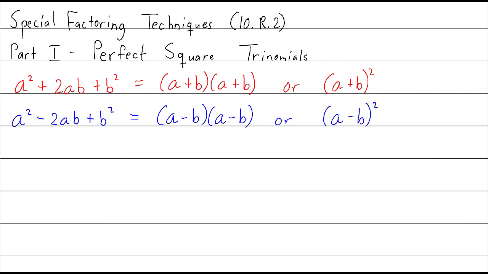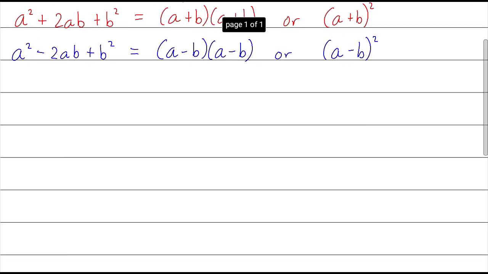Okay, so let's put this in the context of an actual problem so we can see what I'm talking about here. Our first example will be to factor x squared plus 10x plus 25. That looks like a normal quadratic that can be factored, but this is a special case.